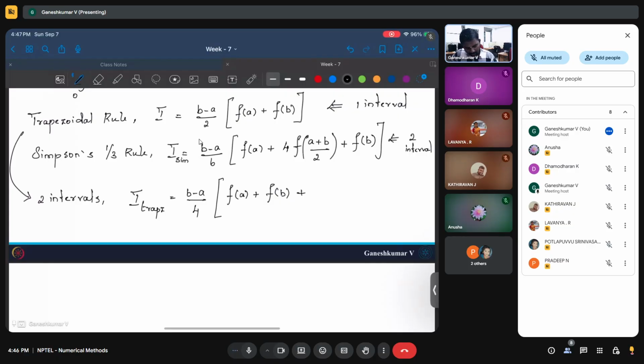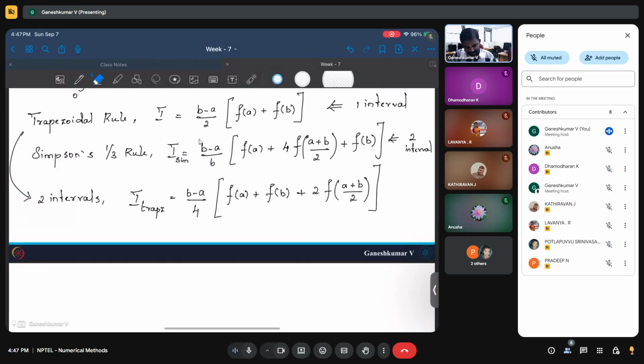inside, 2 times f of a plus nh, which is here f of (a plus b) by 2. Here n is 1 and h is (b minus a) by 2, so it's a plus h, a plus (b minus a) by 2, which is (a plus b) by 2.